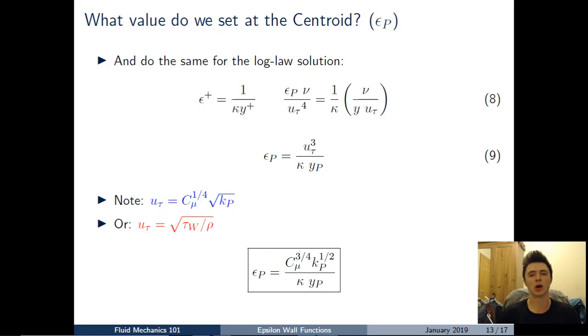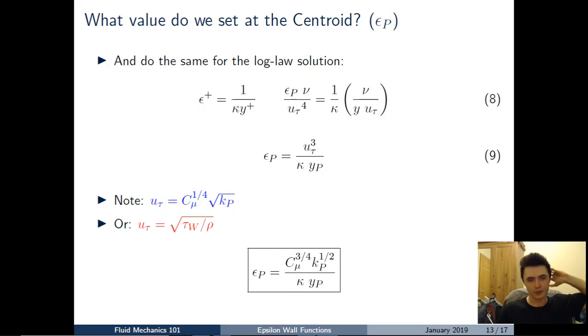So an approach using y star uses the square root of the turbulent kinetic energy for the friction velocity, whereas the approach using y plus uses the square root of the wall shear stress. And without going into further detail about that, if we substitute in the blue equation into equation 9, then we arrive at equation 10 there.